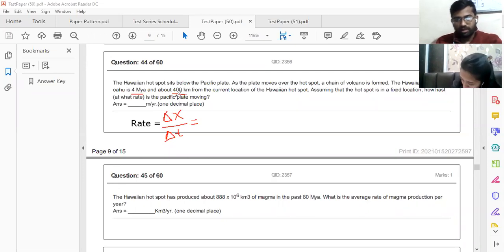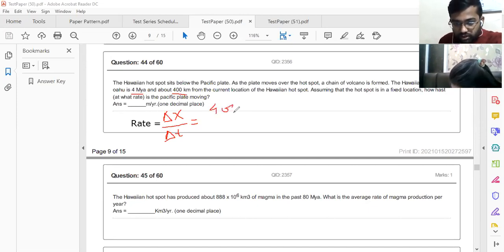In this, they can add a little complication. They can give you, like, one plate moving from point A to point B, and the distance at point A is 20 meters and the distance at point B is 80 meters. In that case you need to calculate 80 minus 20, meaning 60, the change in distance. But here delta x is already given as 400 kilometers.